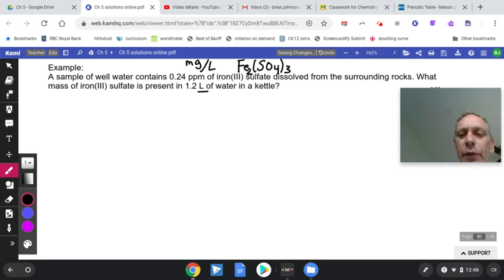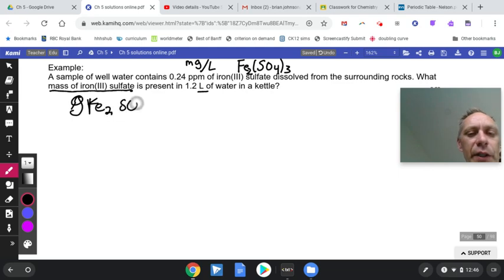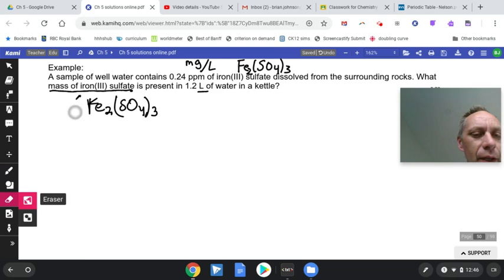Okay, so what are we looking for? Sample of well water contains 0.24 milligrams per liter of iron 3 sulfate dissolved from the surrounding rocks. What mass of iron 3 sulfate is present in 1.2 liters? So we are looking for grams of Fe2(SO4)3, or mass. Let's maybe change that to mass. And then the unit we're looking for is grams.